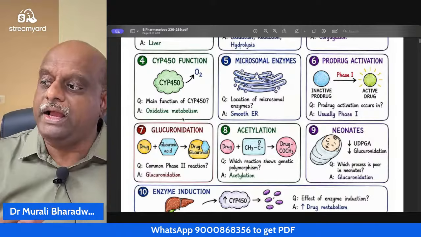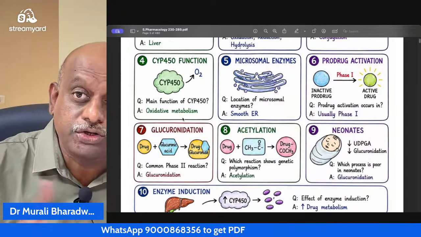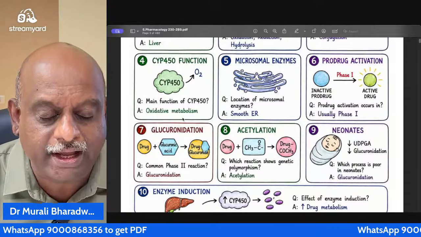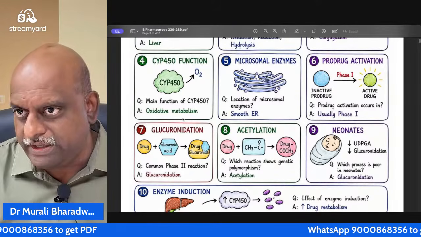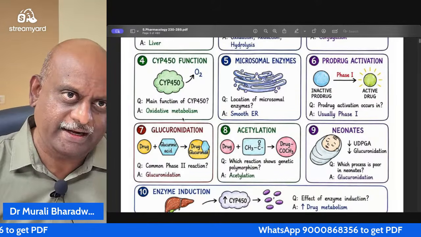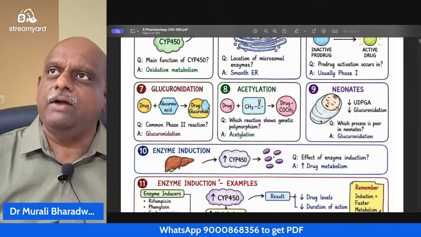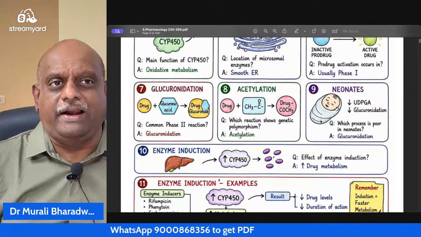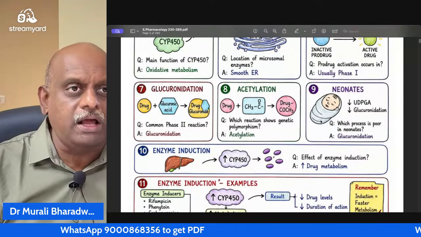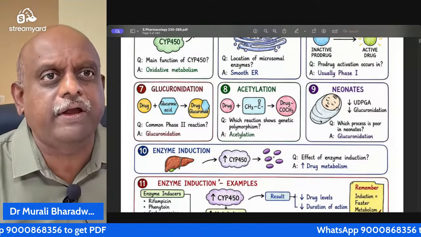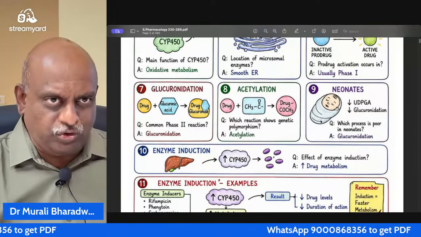Which type of reaction will show genetic polymorphism? Acetylation. If you look at INH, there are slow acetylators and fast acetylators. And neonates have a poor glucuronidation of drugs. Glucuronidation belongs to phase 2. So the examiner will ask you, is it phase 1 or phase 2 which is affected in a newborn baby?